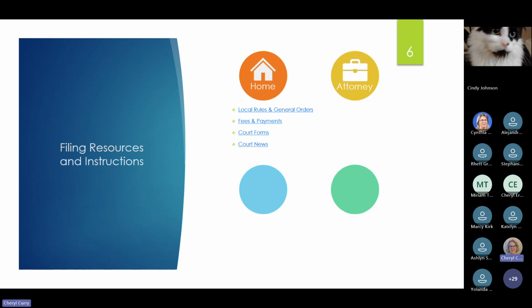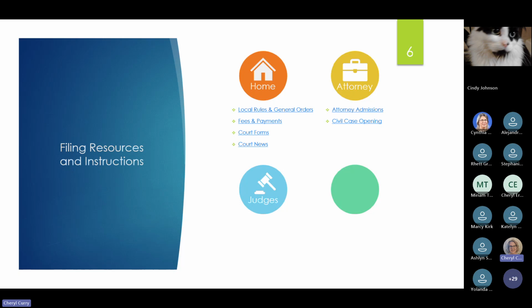There's also the attorney page of our court website, which helps you with things like attorney admissions, resources for civil case opening, and other resources for filing as an attorney. And then we've got our judges pages. Each judge has their own separate page.